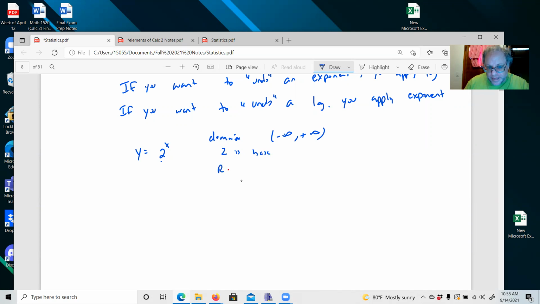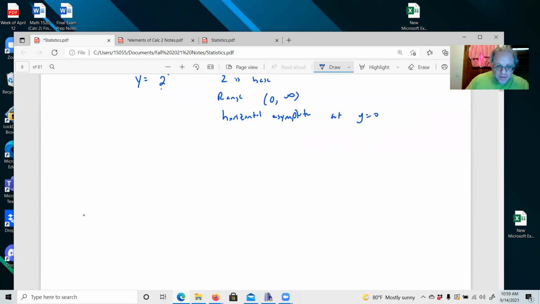The range, we only get positive numbers here, so we go from 0 off to infinity. And we have a horizontal asymptote at y equals 0. I'm going to make a little t-table. So we have x, we have y.